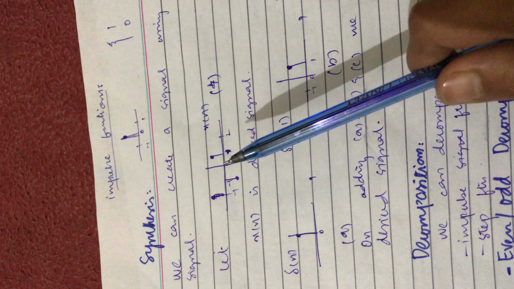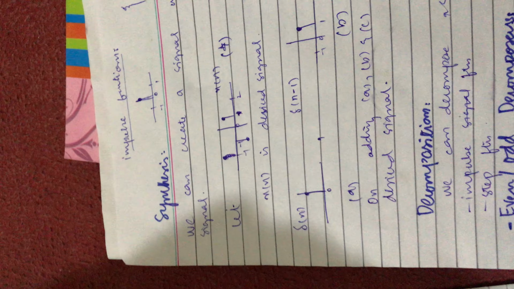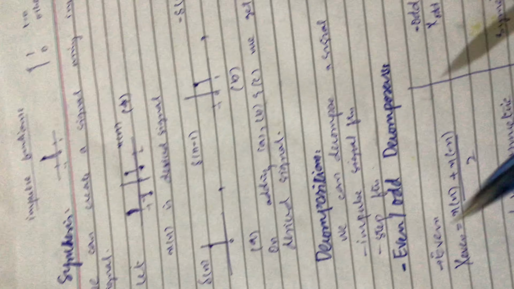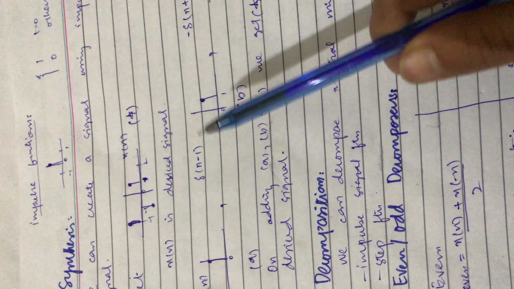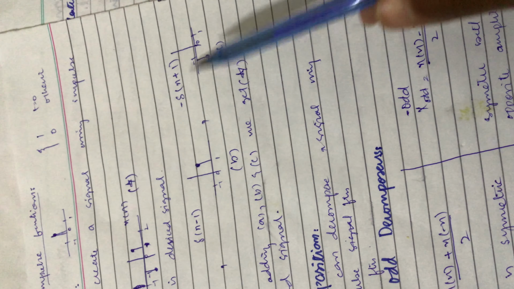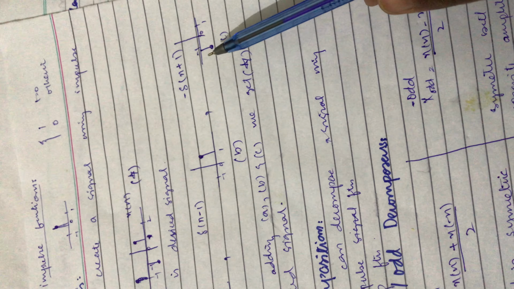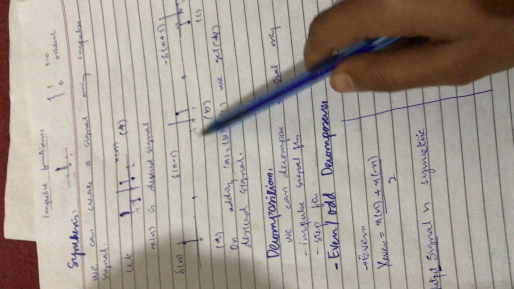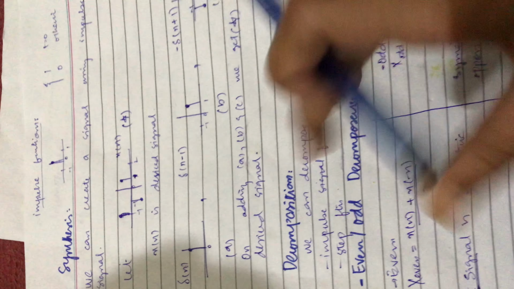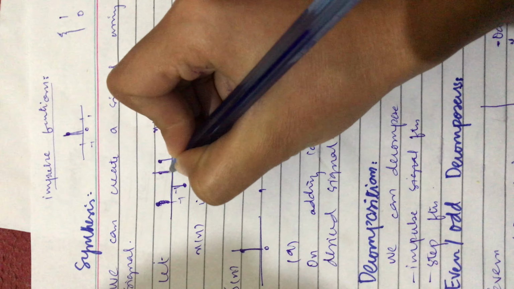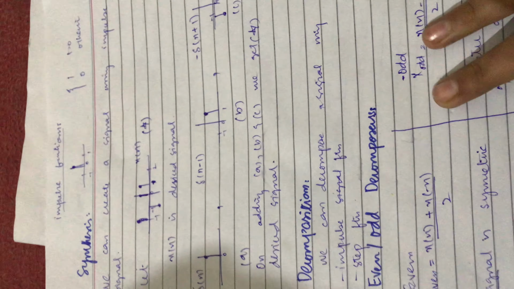For example, if this is our desired signal, we take an impulse function, shift it to n-1, then we shift and flip it here. We flip it and shift it to this point, and then by adding b, c and a, and here is also an impulse, we get our desired signal.